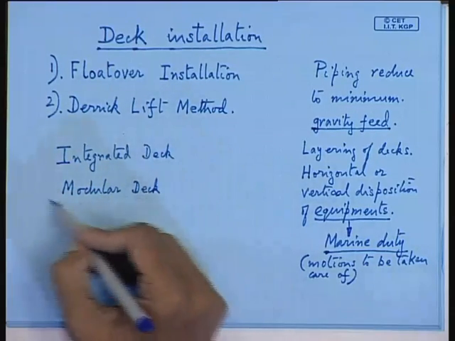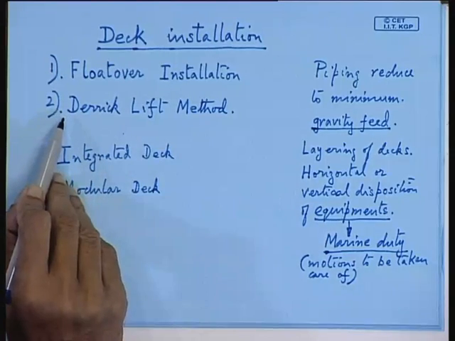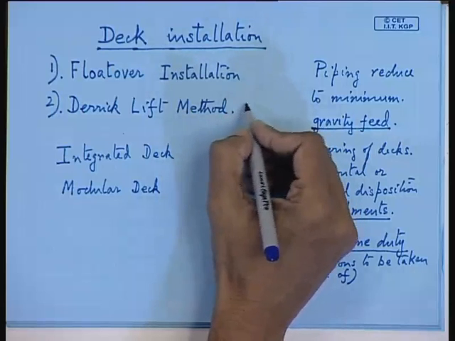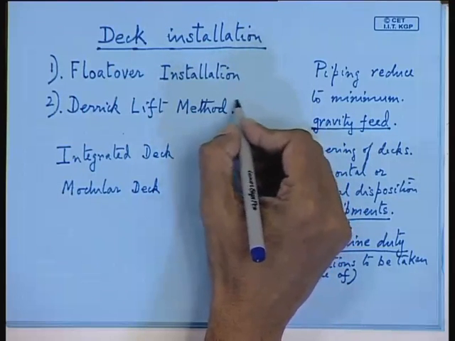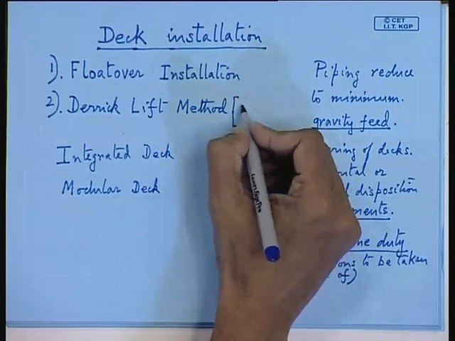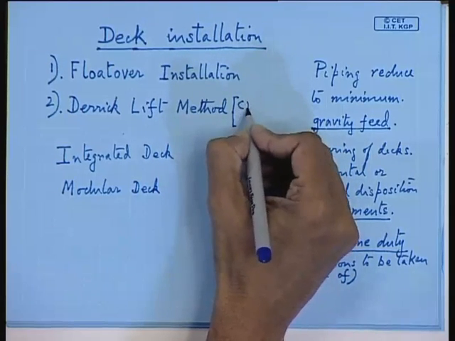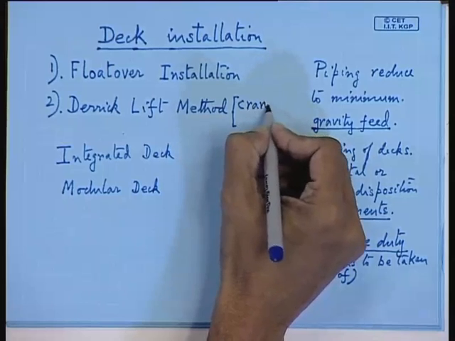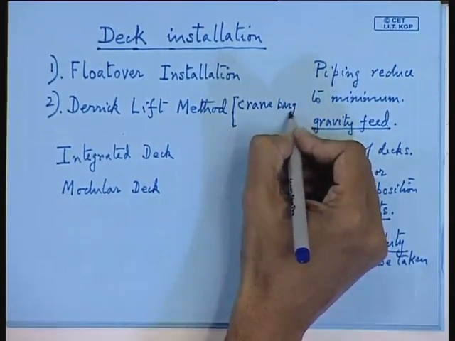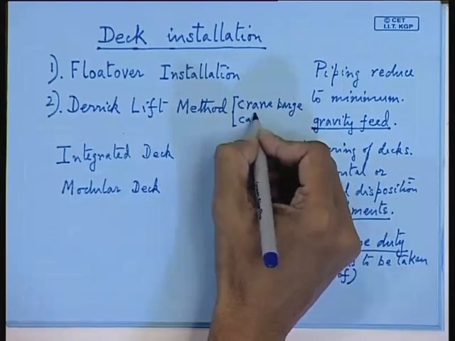Normally, for the modular deck you can go for the derrick lift method, but if you go for the derrick lift method, this is normally guided by your derrick capacity or crane barge capacity.